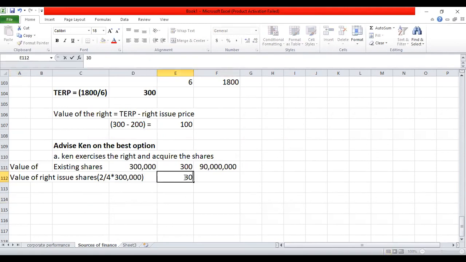Sorry, at 300. So how many shares are we getting here? 2/4. That is 1/2. That is 150. This is going to be 150 times 300. Then we less what he has paid, less the cost of new shares.